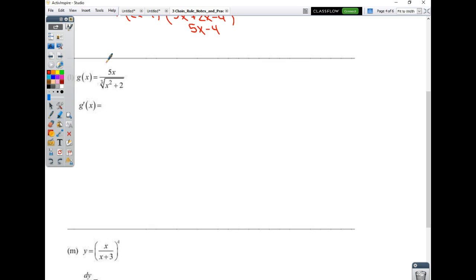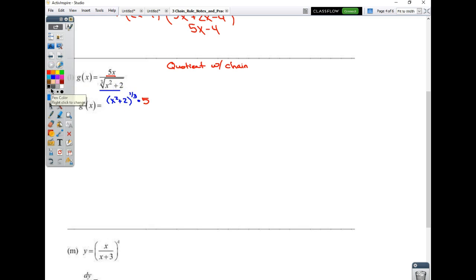To do this question, what we would do is this, of course, a quotient with a chain. How does this work? Quotient rule says what? Ho-de-hi minus hi-de-ho, all over ho squared. So the bottom, x squared plus 2 to the 1/3 times 5.